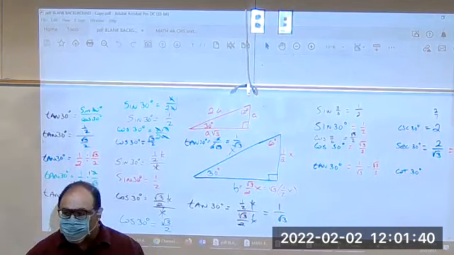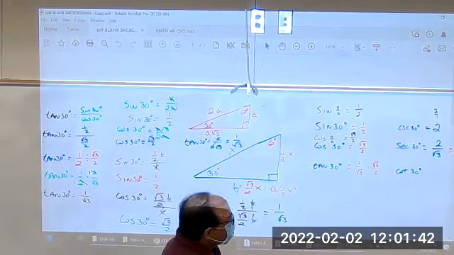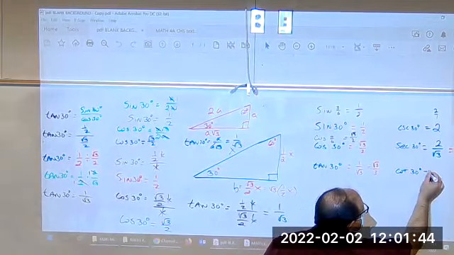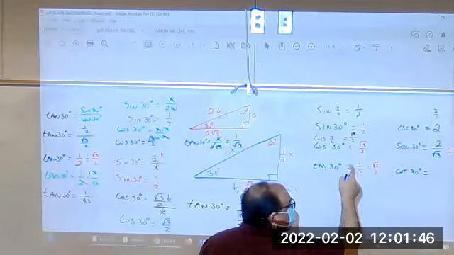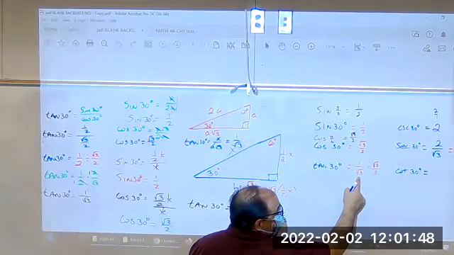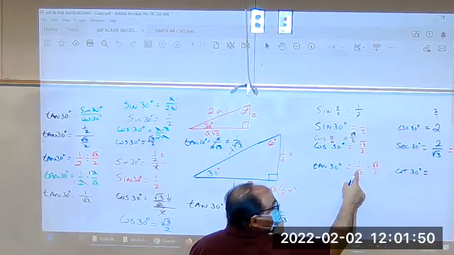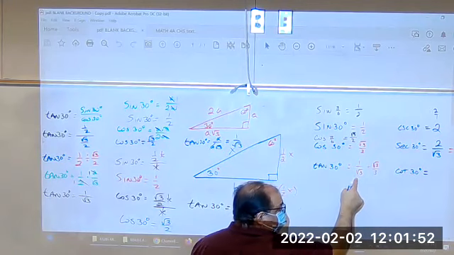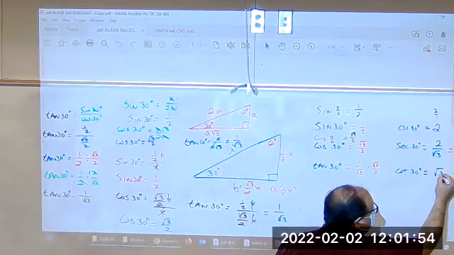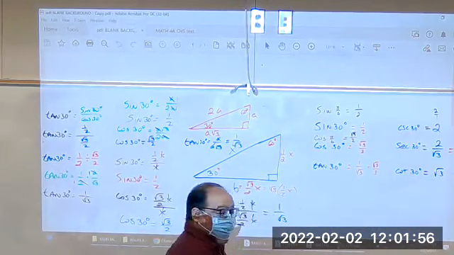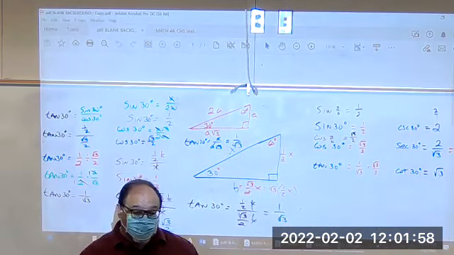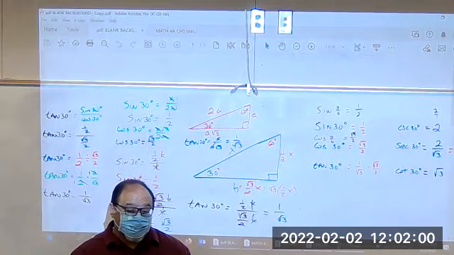But you're good to go, 2 over root 3. And that's why it's nice to not have to worry about rationalizing everything. 1 over square root 3, if you flip this over, it's just square root 3. I know the reciprocal is square root 3 over 1, but again, square root 3 divided by 1 is just square root 3.